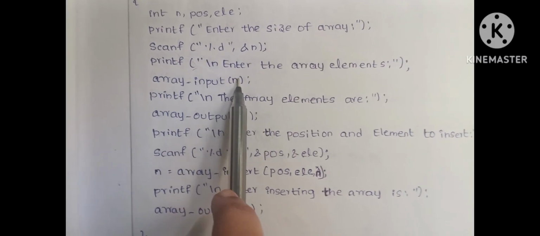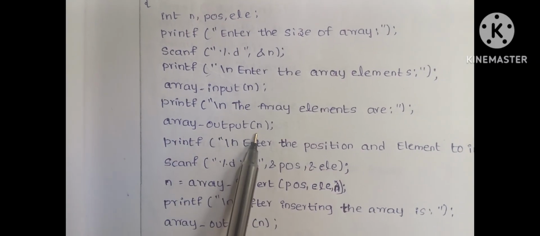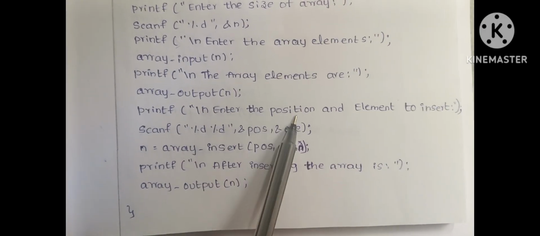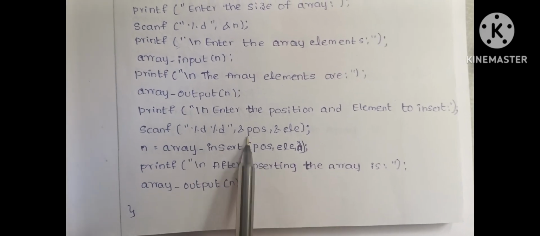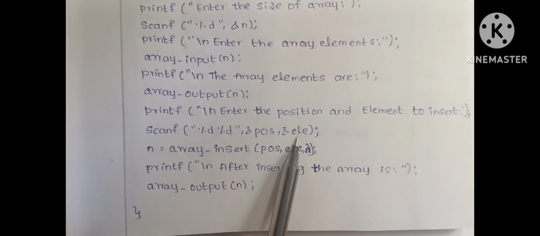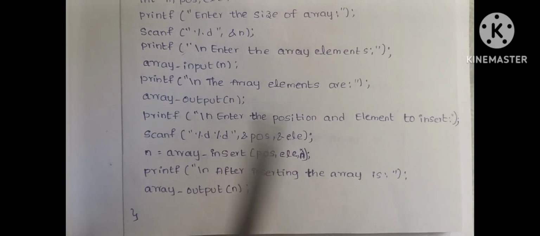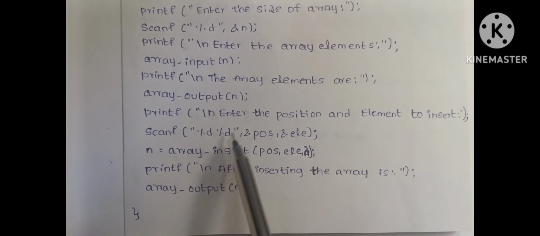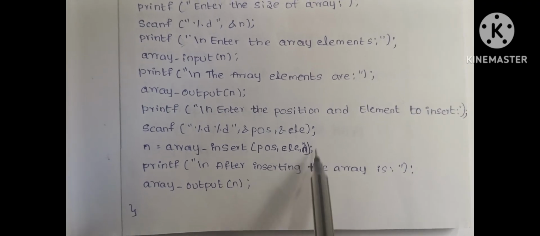Like when I am reading them, I have called array input, and when I am printing them, I have called array output, and then enter the position and element to insert. So I have to read two here, position and element. I have read them. So now what we are calling here, array insertion. We have to insert here, right? So I have called the function name array insertion, which contains position, element and n.